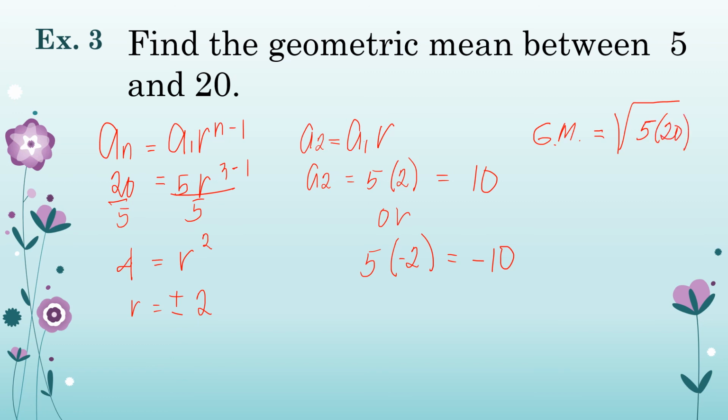So that is actually equal to 100. And what is the square root of 100? That's positive or negative 10. So you've got this one. Again, in the second solution, you don't need to get the common ratio. Immediately, you're going to find the geometric mean. Okay, clear? Okay, that's good.